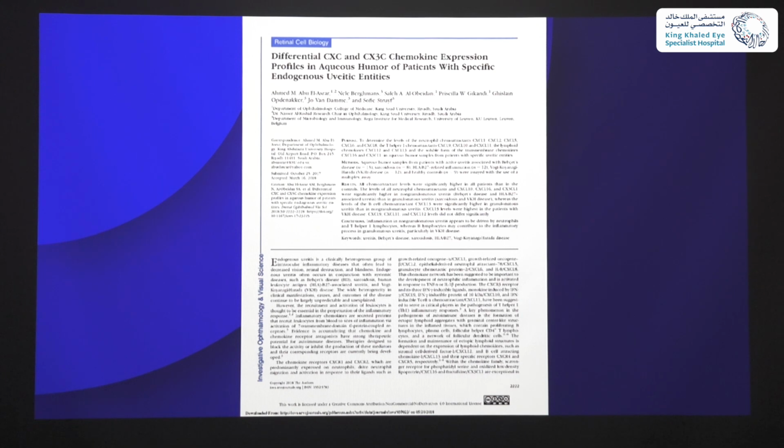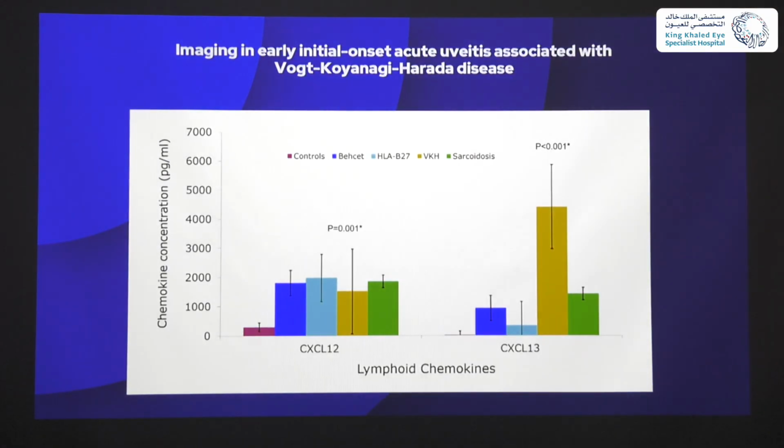What does this mean then? It means that compared to other uveitic entities, B lymphocytes are the ones involved in this autoimmune disease. I discussed this last week with the residents: B cells are currently well known to be very important in the pathology of autoimmune diseases, such as multiple sclerosis, rheumatoid arthritis, and systemic lupus erythematosus.